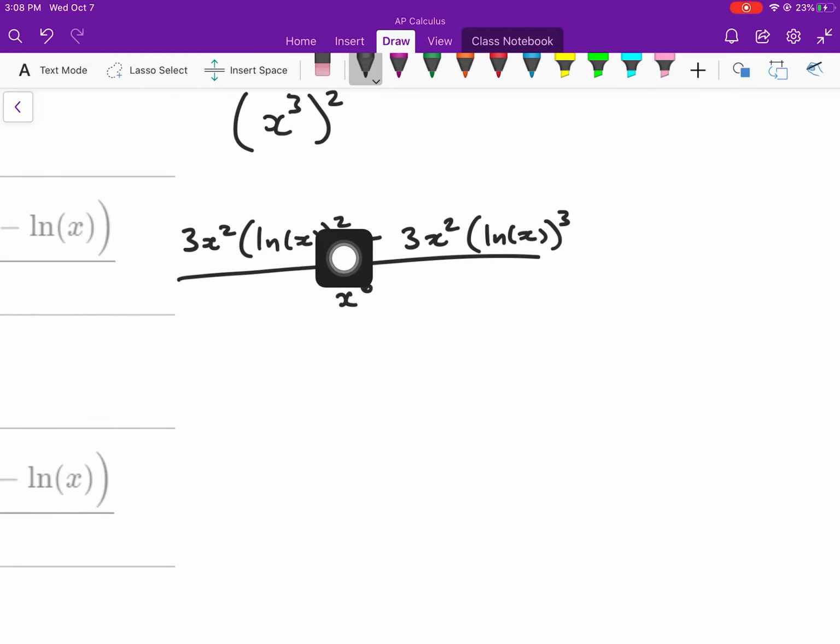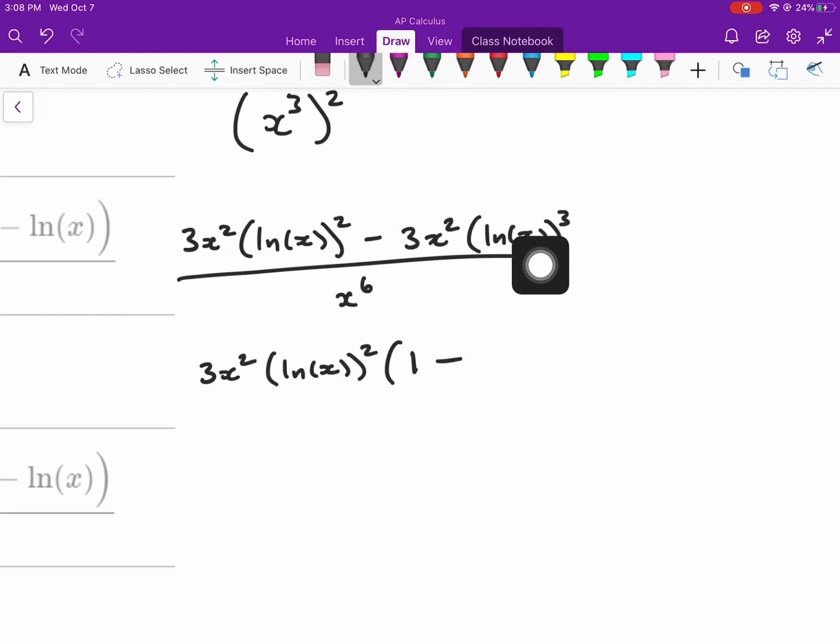So I can factor out a natural log of x squared total and also 3x squared. So let's factor that out. 3x squared and then the natural log of x squared. And what we're left behind with, well, we factored this whole thing out, so that leaves us with a 1 there, minus we'll be left with, well, we got rid of 3x squared, we'll be left with one of these, right? Because we took 2 of them, so we'll be left with 1.